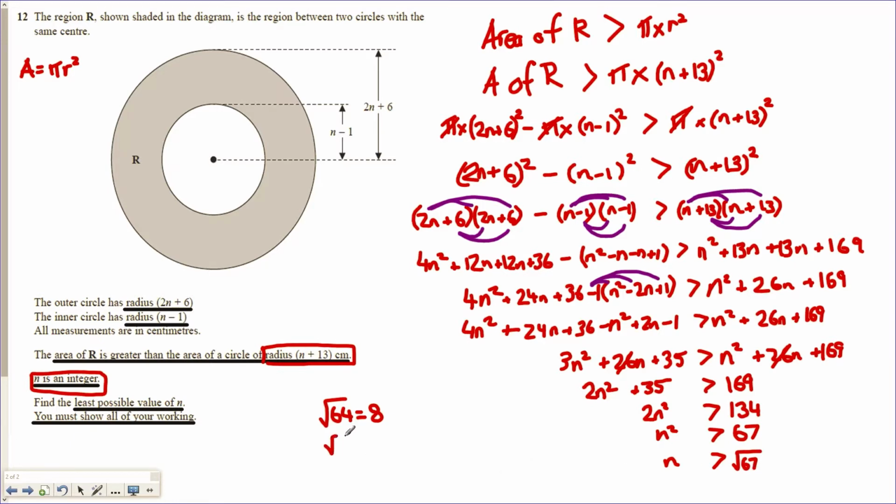So if we find the square root of 81, that's going to give us an answer of 9. So the square root of 67 we can estimate is going to be maybe 8.2, and we want the smallest possible integer that n can be. So that means n has to be 9. So n is going to be equal to 9.